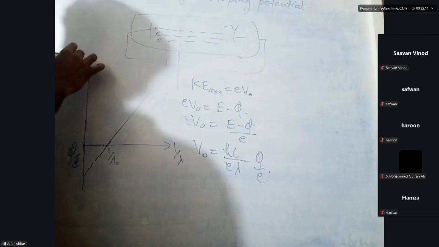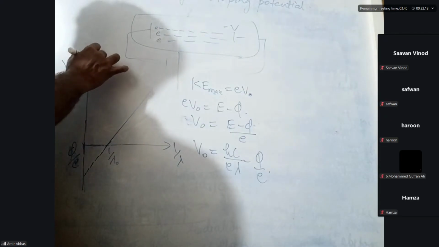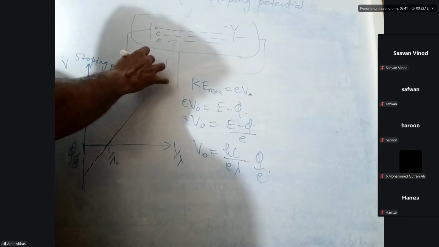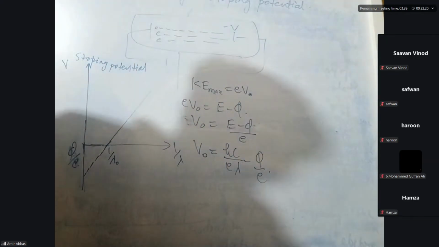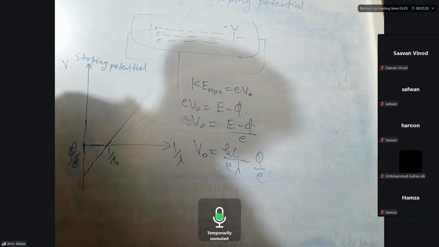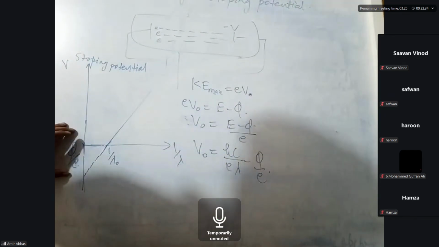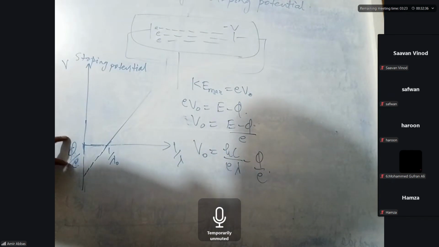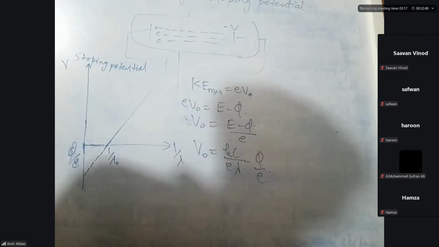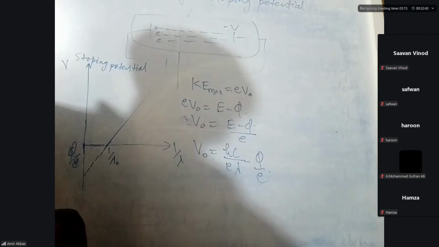This is the stopping potential. Got that? So this kind of graph we get for this. Have you noted down? Here it is, the intercept. Here this one. Okay.